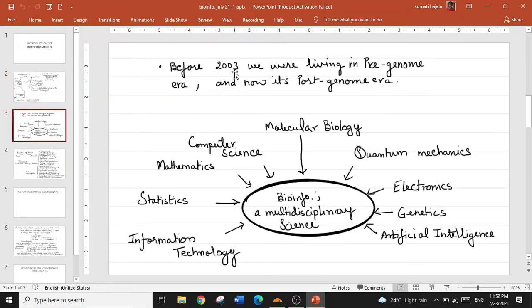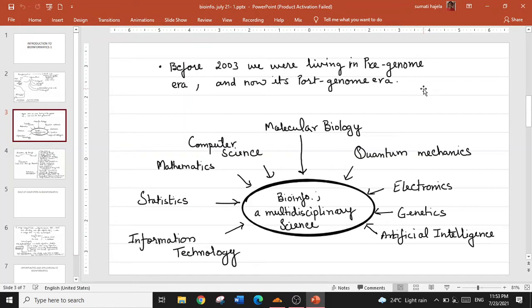Before 2003, till the human genome sequencing was complete, we were living in the pre-genome era, and now it's the post-genome era, in which the sequence of our genome is known, and it is analyzed for the presence of various genes and their functions, their expressions in both normal and diseased conditions.